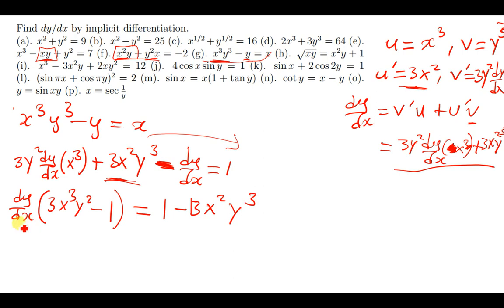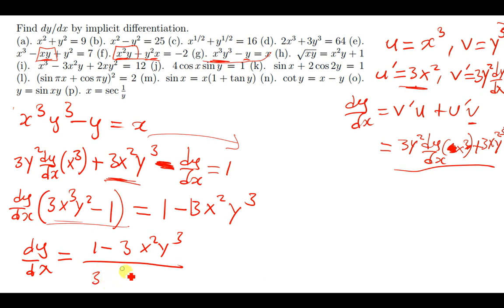Then when you divide everything by this expression so that you remain with dy dx this side, your value of dy dx is simply going to be equal to 1 minus 3x squared y cubed, then everything over this expression there, which is 3x cubed y squared minus 1.